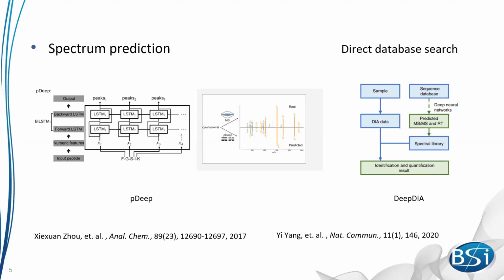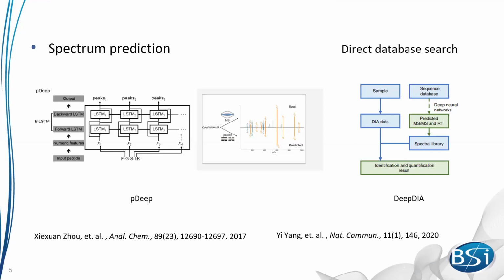And this work pioneered and brought the spectral prediction to a fantastic level, and it makes the correlation between predicted spectra and real spectra more than 95%, and that makes database search really fast and sensitive for DIA data analysis.